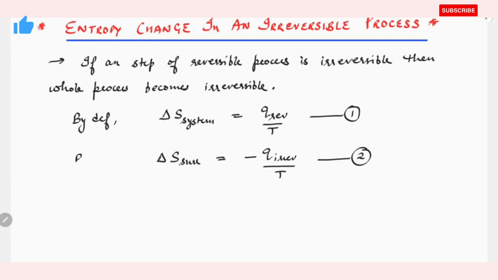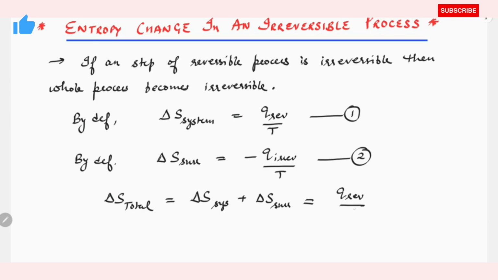So, we can say that this is again by definition. Now, total entropy change is delta S system plus delta S surroundings, that is equal to Q reversible by T minus Q irreversible by T. Mark it as equation number 3.